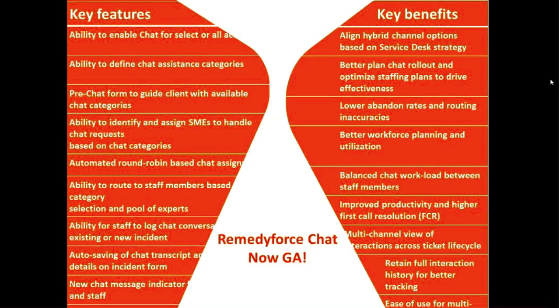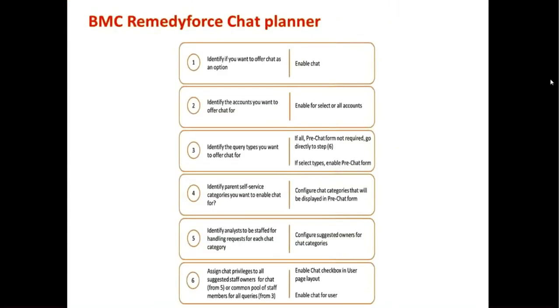And I'm not going to read all of these benefits on the right-hand side, but I think you can see they're pretty self-evident. We talked about how the users want this, so therefore it's not surprising to see things like lower abandon rates, more first call resolutions, better planning, actually the ability to better staff once we know how well chat's going to be used within our organization. So a very good thing to do there.